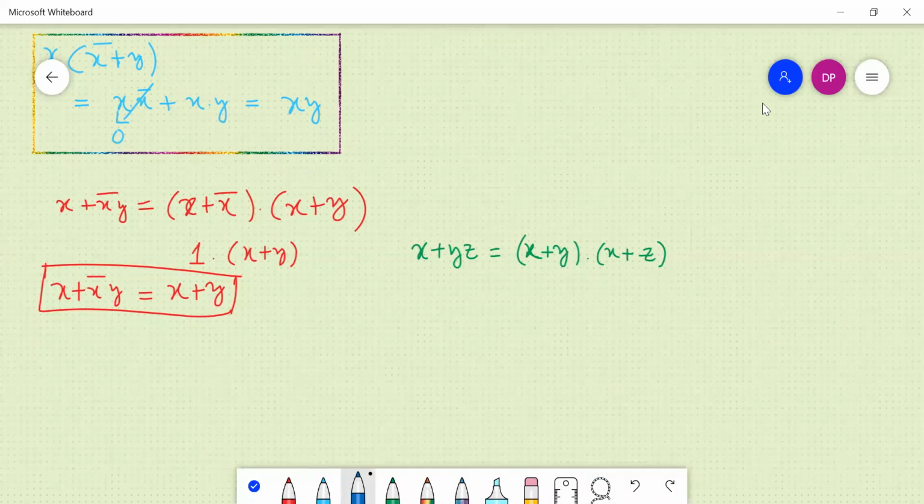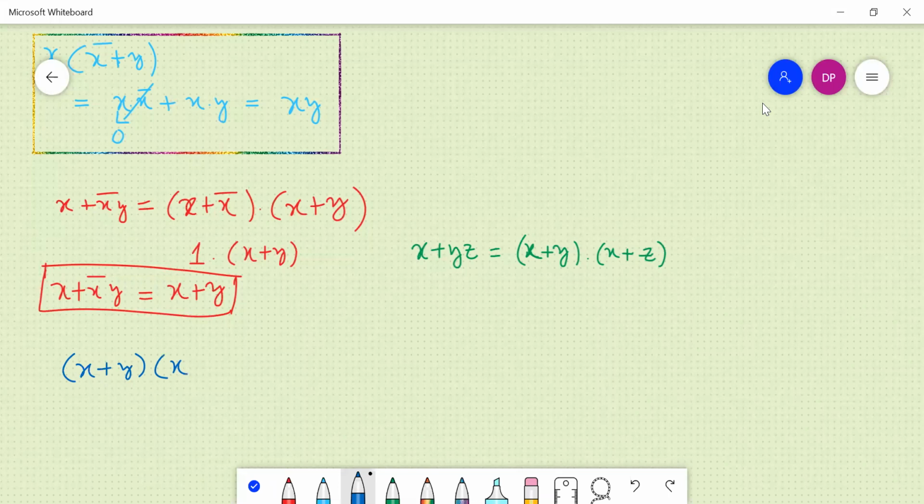Let's solve another one. x OR with y, and with x OR with y complement. So what will be the answer? x dot (x plus y bar).